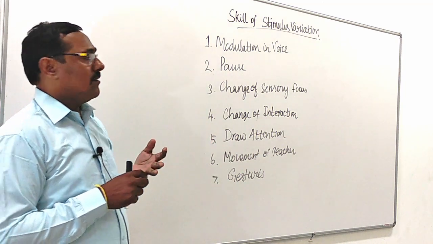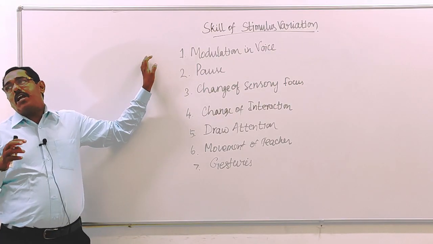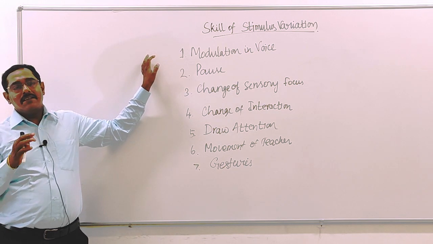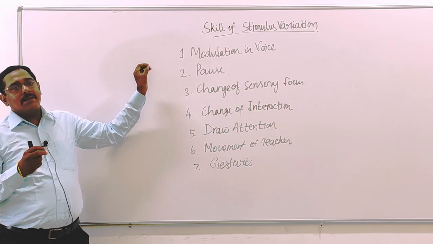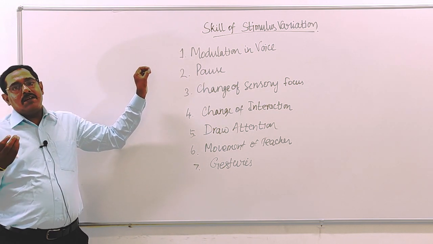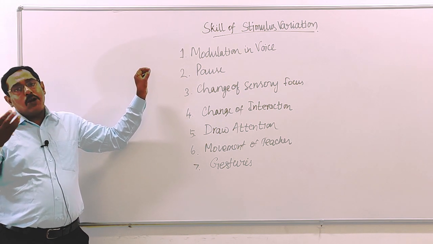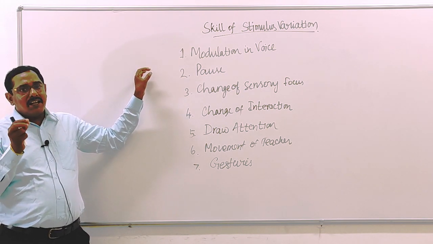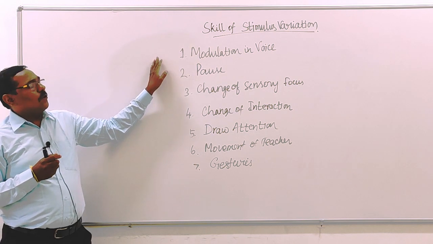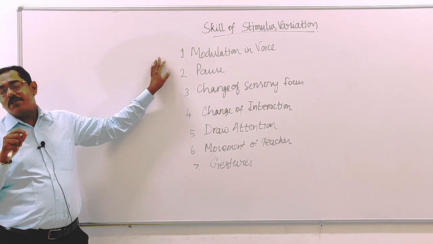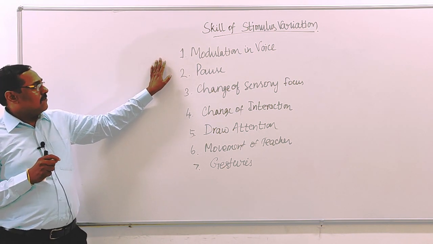But as a teacher, we don't require it like cine actors. Just at least come here, go there, who landed on the moon. Like that, a little modulation we can use in our voice so that it reduces the monotony in the minds of the students.